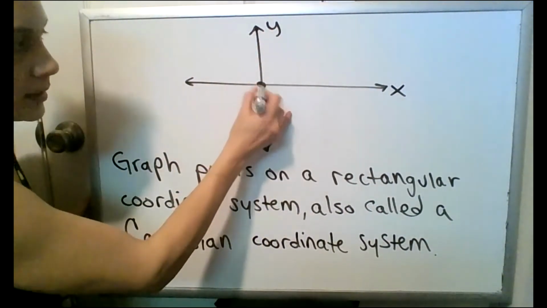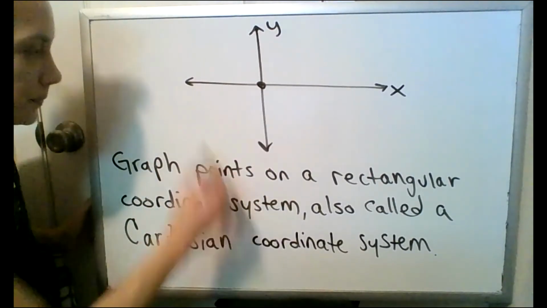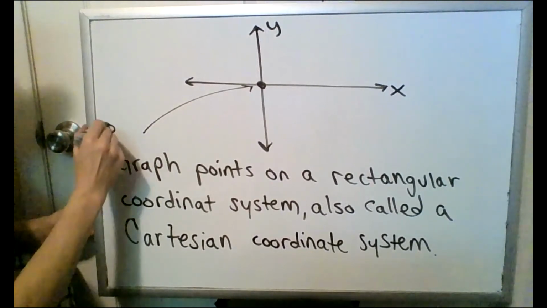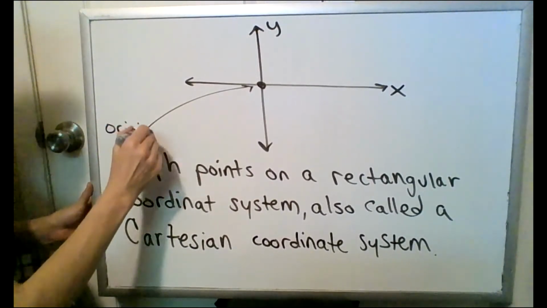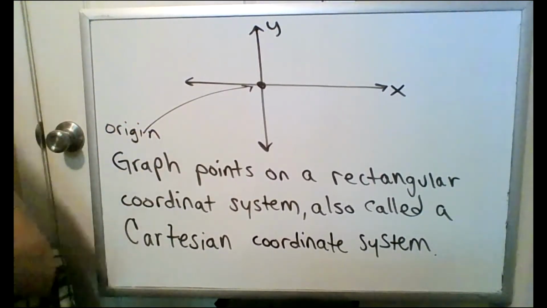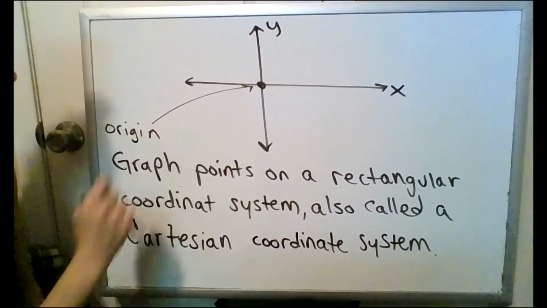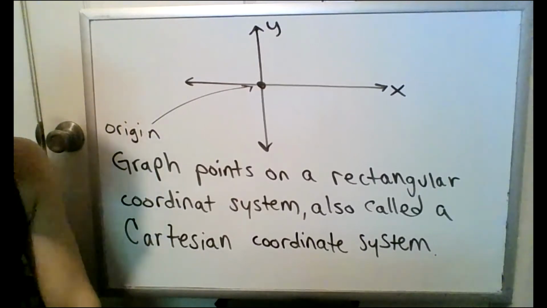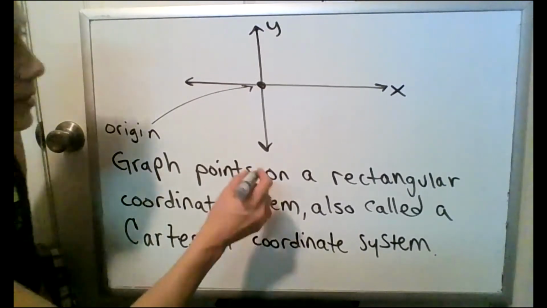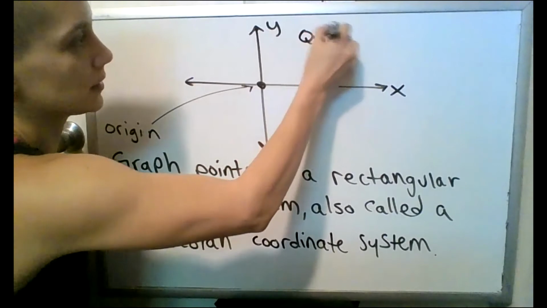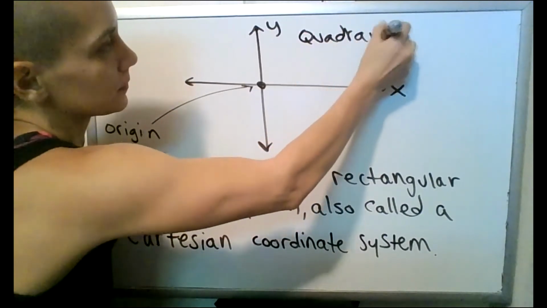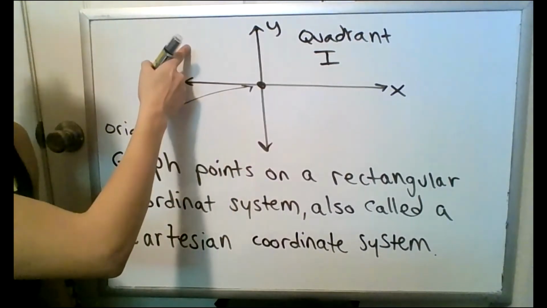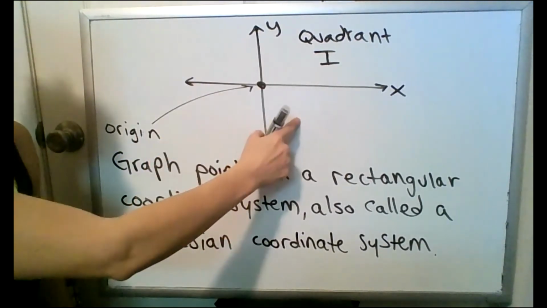This point here is the origin. And some classes may talk about the quadrants. So just in case, this is quadrant 1. Roman numeral 1, here's quadrant 2, quadrant 3, quadrant 4.